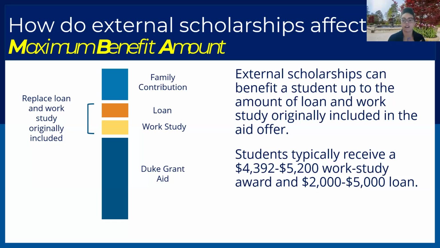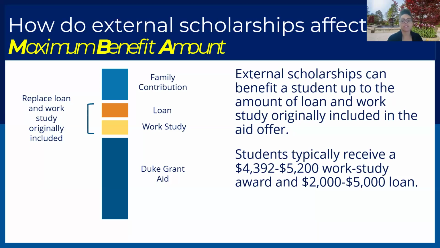So it's a dollar for dollar replacement system. It does not reduce the total estimated family contribution. It's going to reduce loan, work study, grant in that order if you're receiving grant aid.